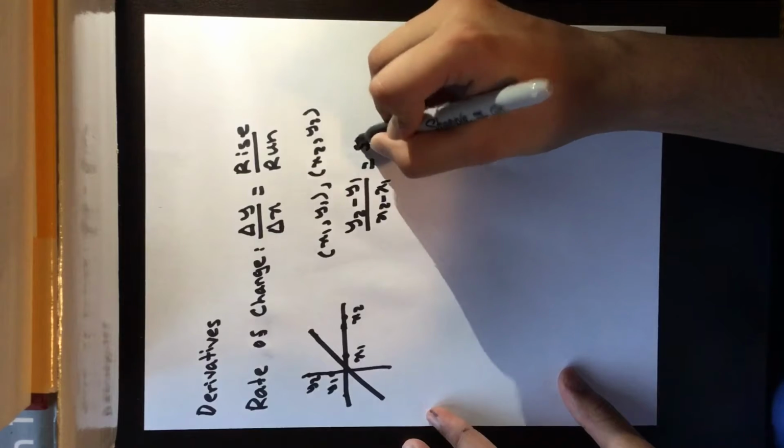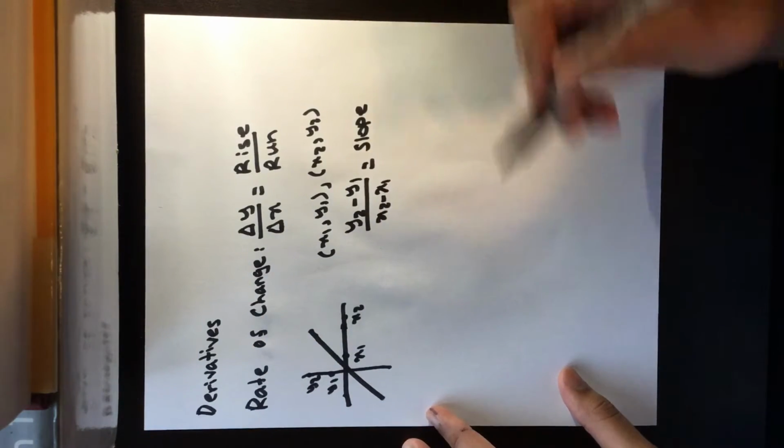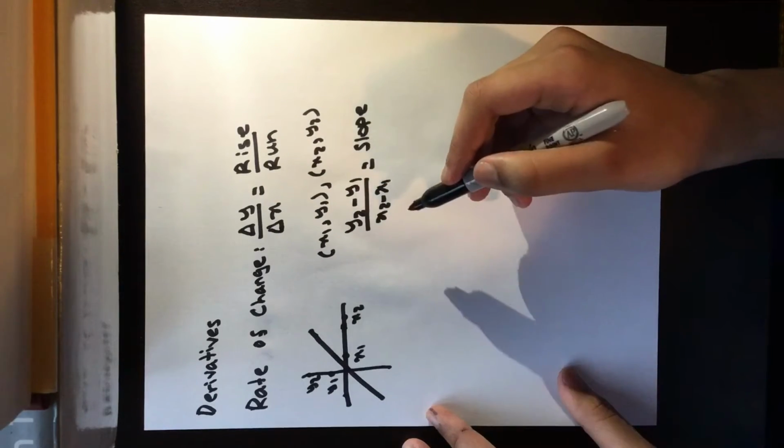So the slope. And since the slope is constant for all coordinates of x, since this is a line, this is always correct.